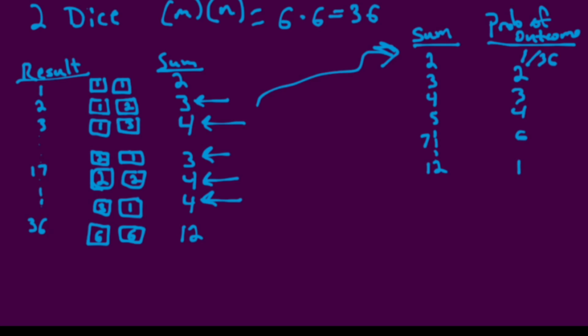So there are 36 results, one of which will give you a 2. 2 of those will give you a 3, and so on. So these are all divided by 36. Obviously, some of these can be simplified, but so you have a 1 in 6 chance of rolling a 7 and getting to move the robber in Catan.